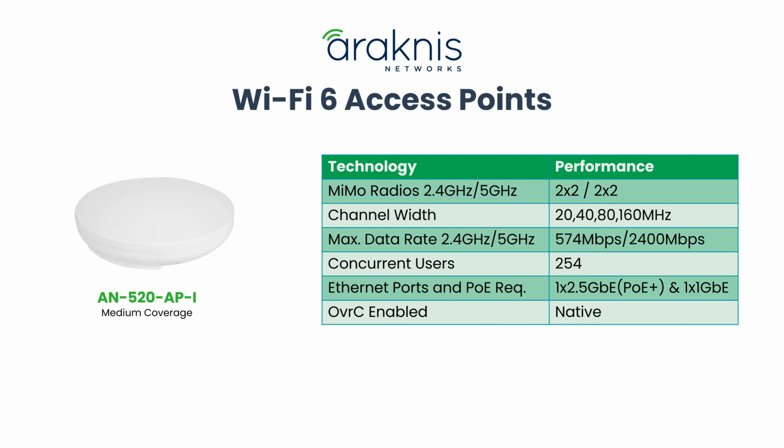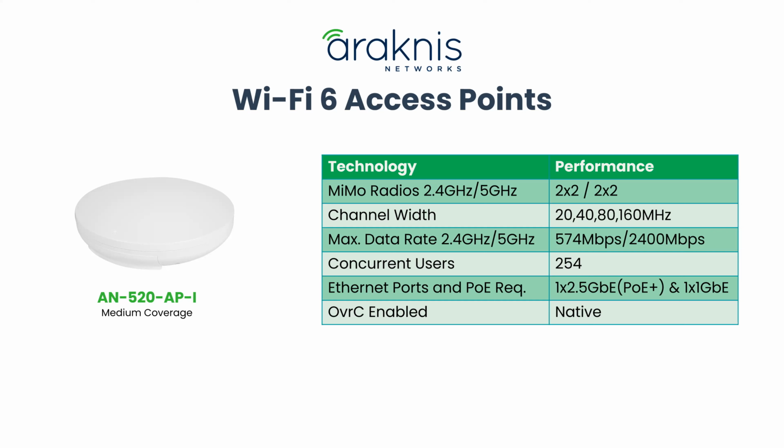Can I connect? Our previous generation access points were capable of about 40 conversations. The new 520 and 820 are capable of 254 concurrent conversations. That's a significant increase. And we've done that by increasing the processing power and memory in the APs, just overall making the entire product more robust and more powerful.